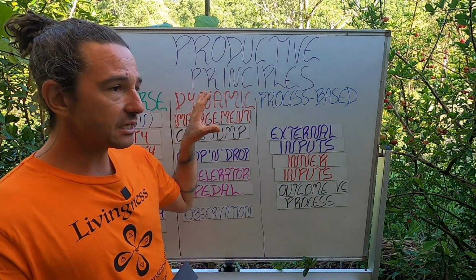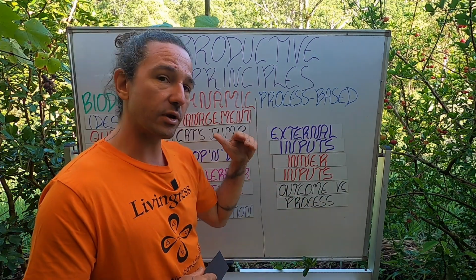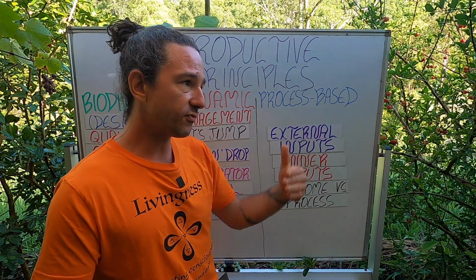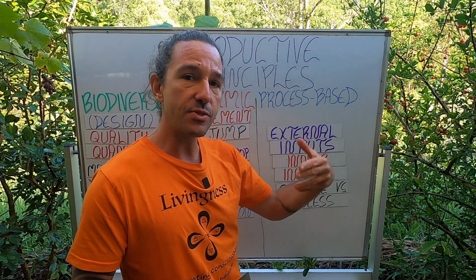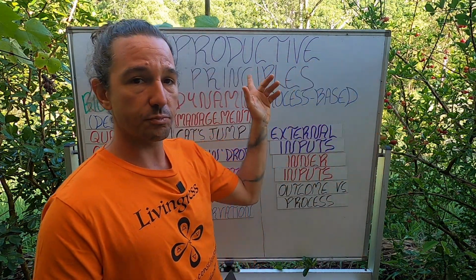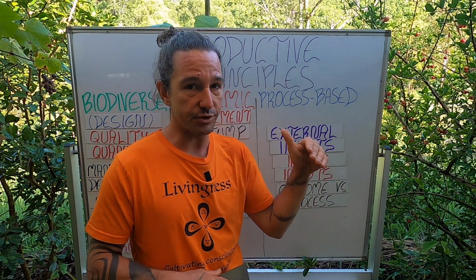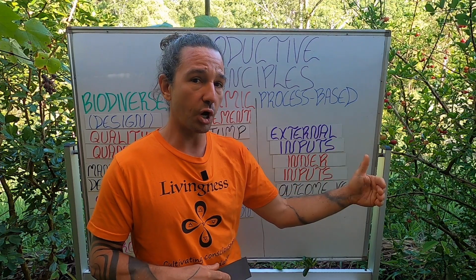And in that system, it's not so much what I'm going to get out, but is it enriching life? Because if I am enriching life, then I will get something out in terms of production. If I'm just looking at the outcome, at the production, then we're going to have problems.